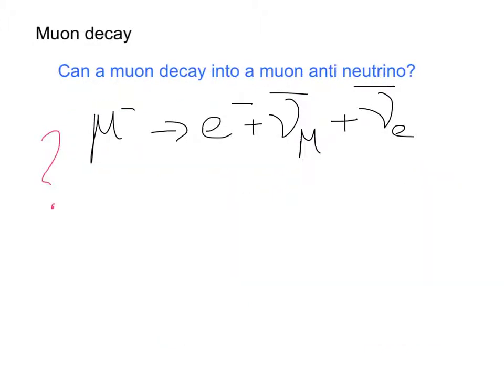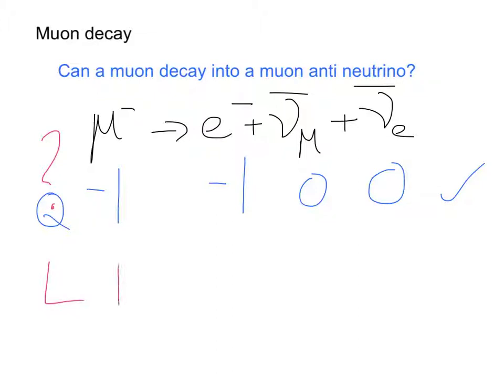Let's have a look at this interaction. Can a muon decay into a muon antineutrino? So, well, charge-wise, we've got -1, we've got -1, we've got 0, 0, because these are neutrinos. So charge works, and charge we normally have with the symbol Q. But let's have a look at the lepton number.